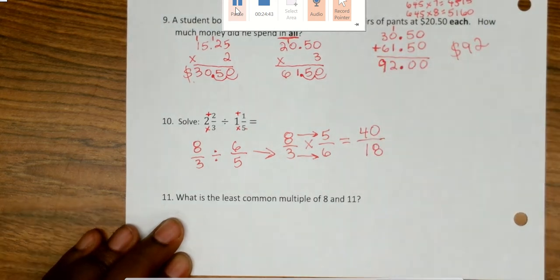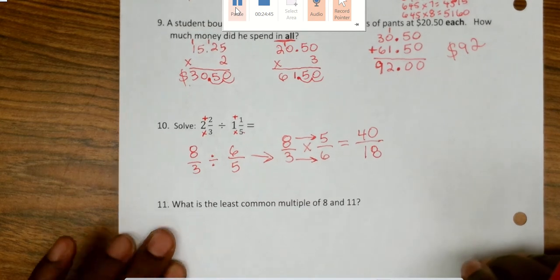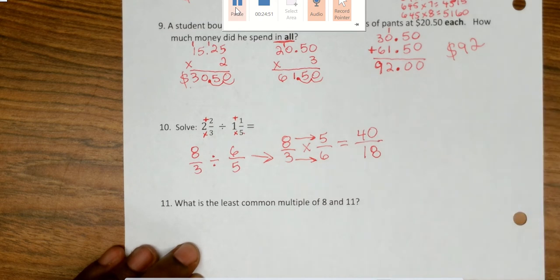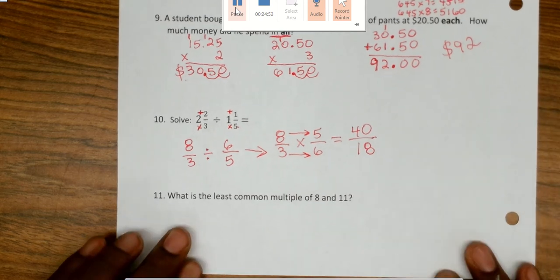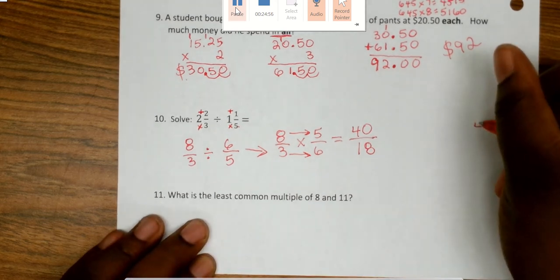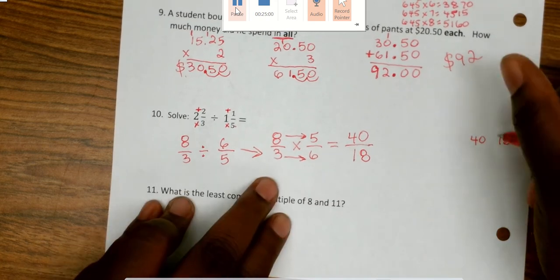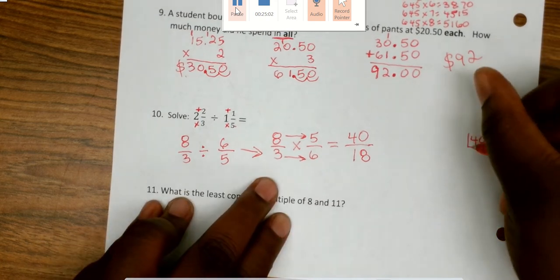All right, but this is not done yet because I can reduce this fraction by figuring out the greatest common factor between 40 and 18. So I'm going to do a quick ladder method so I can see what number goes into both of those.